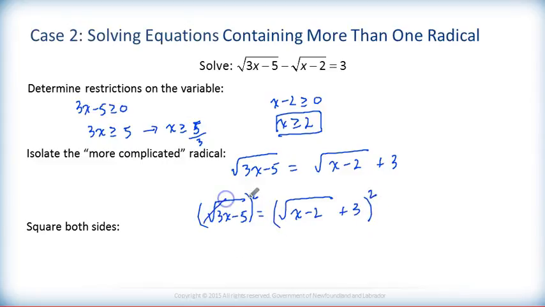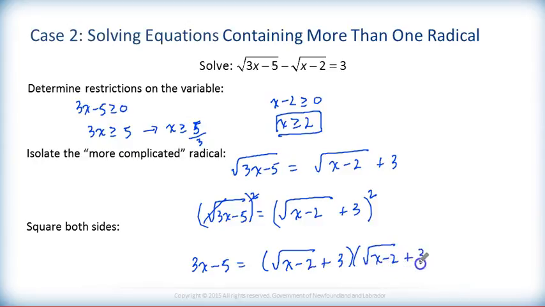On the left side, the square root and the squaring are inverse operations, so I've got 3x minus 5. On the right-hand side, I'm going to have to do FOIL there. I can't just square the individual terms. So I've got the root of x minus 2 plus 3 times the root of x minus 2 plus 3.